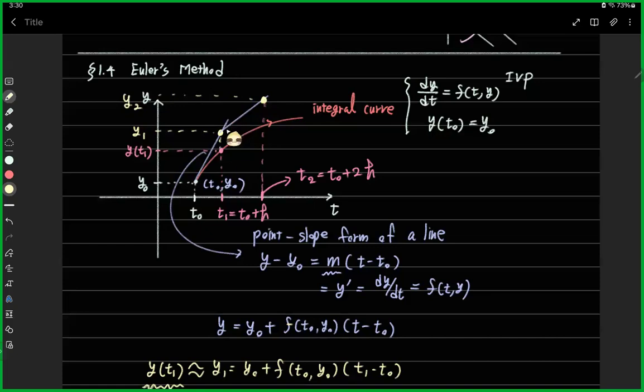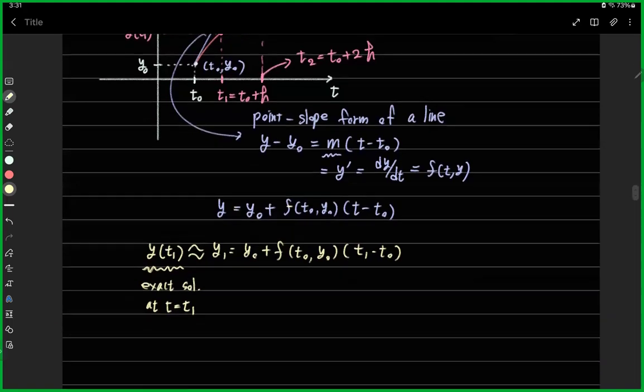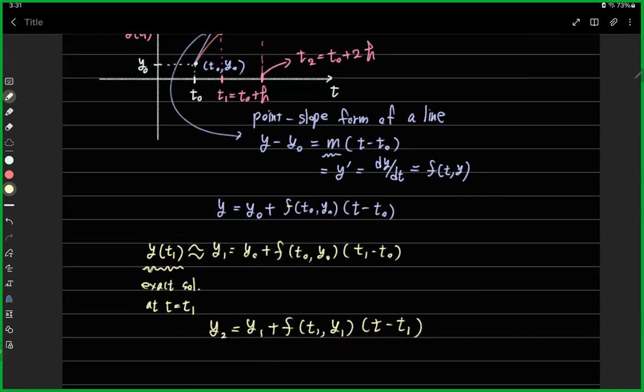We get another tangent line. Then y2 is going to be y1 plus, see that this is y1, the approximation of y of t1, then f of t1 comma y1 times t minus t1.